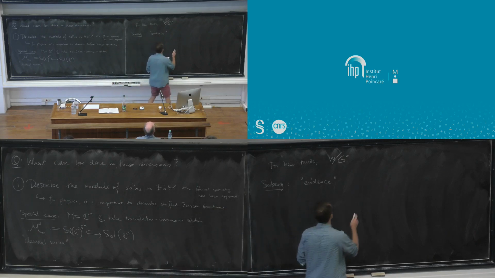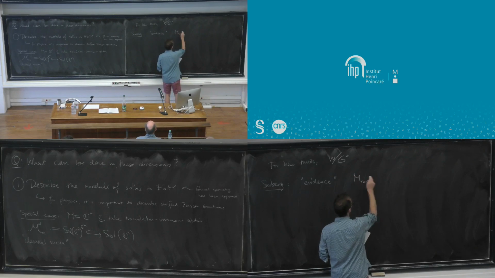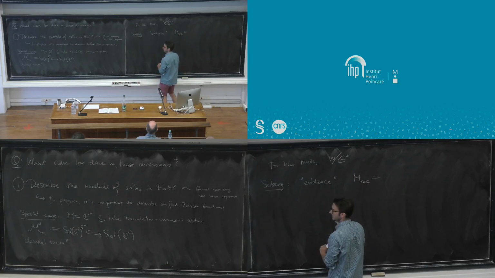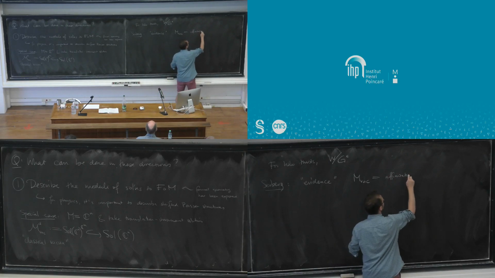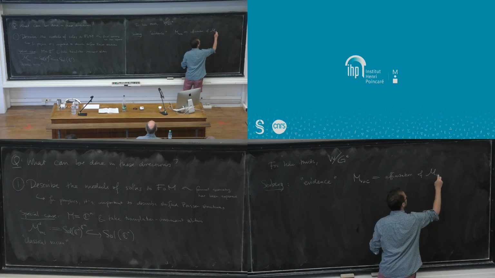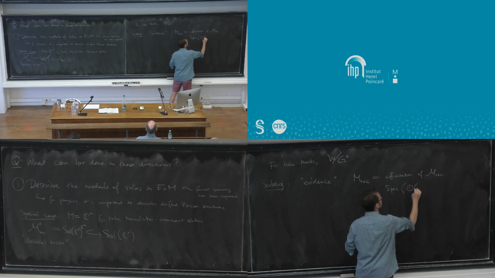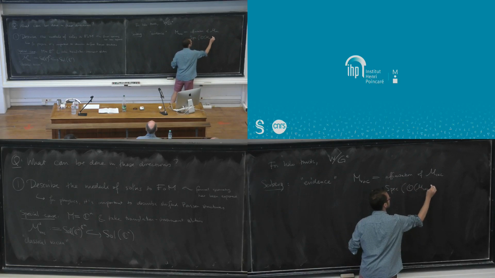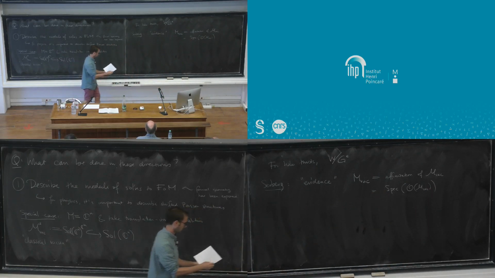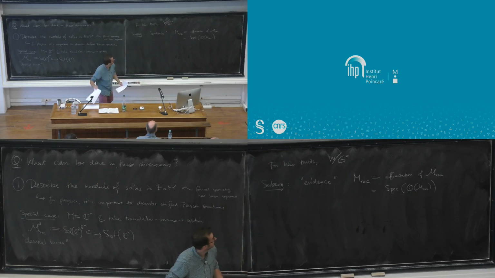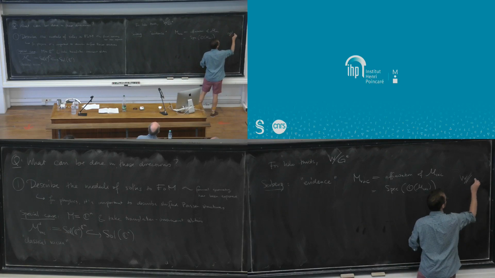Let M vac be the affinization of this moduli stack, which means you take Spec of global functions on it. It's a GIT quotient.